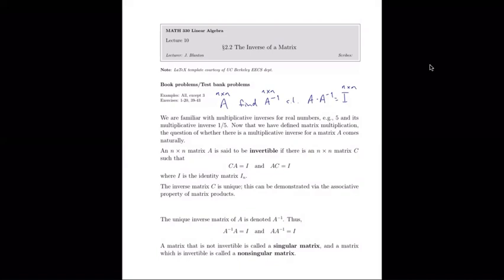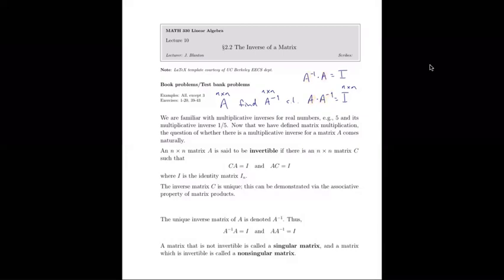Because remember that matrix multiplication is not commutative, so we have to write A inverse times A as well. Both of these conditions need to be met. It's not guaranteed for two matrices that one times the other is equal to the reverse of that order. So in the definition of our matrix inverses, we have to write both of these statements down.